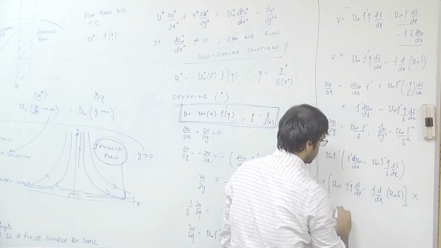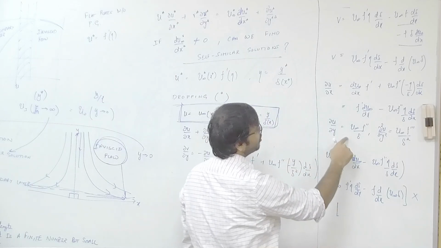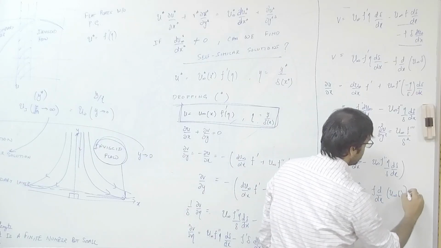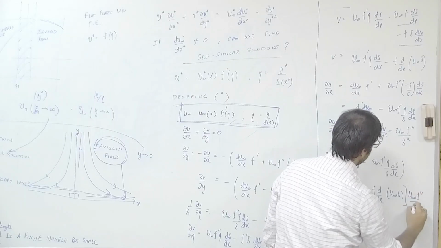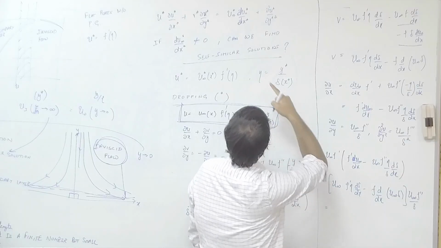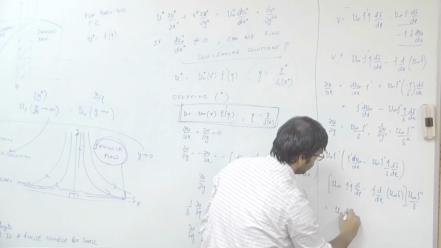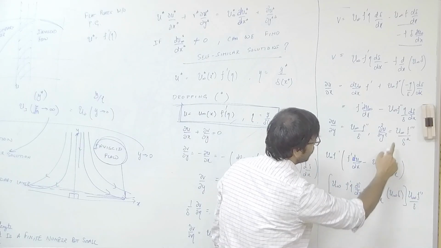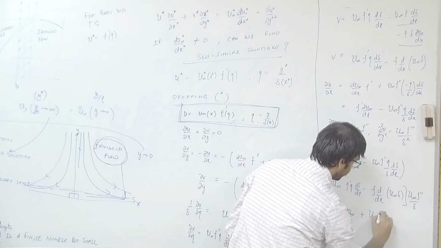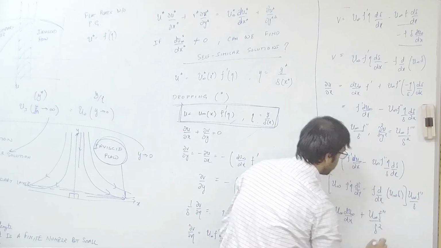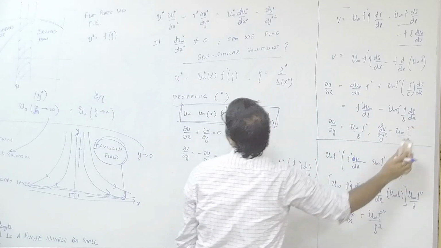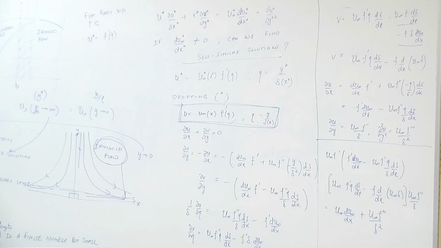This times, so this was v, then you have to multiply this with, oh, del u by del y is actually easier, so I can just write it here, and that is u infinity f double prime over delta equals, we have u infinity du infinity over dx plus del 2u by del y square, which is this guy. So please simplify this and tell me what is the simplified equation that you get.